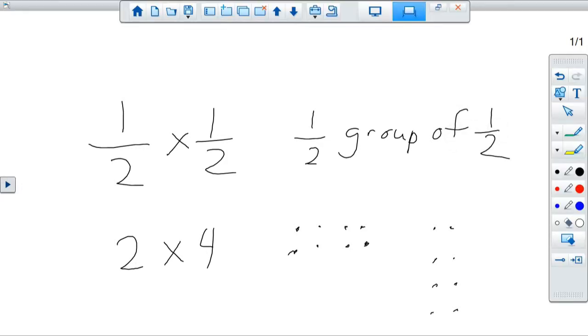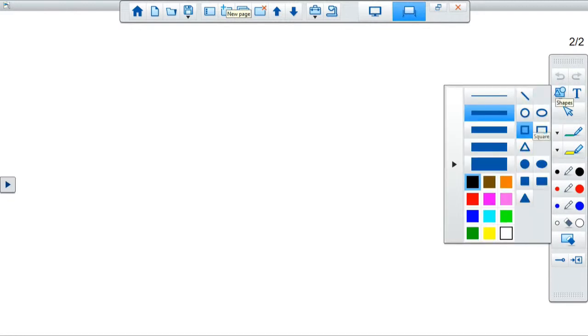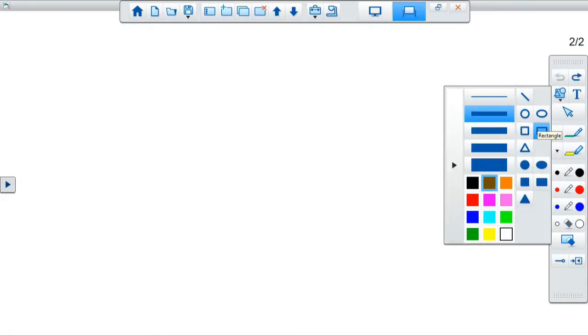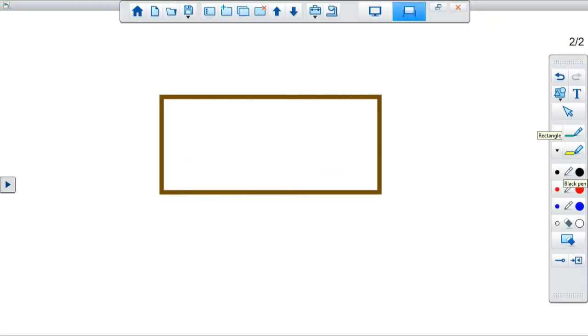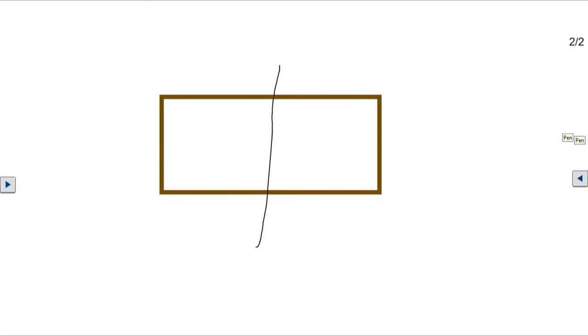All right, so let's see if we can picture that visually. Let's say you had a chocolate bar. Actually, let's do a rectangle to make it look a little better. There we go. So I had a bar of chocolate, and I have half of it. So I'm going to cut that in half, like so.